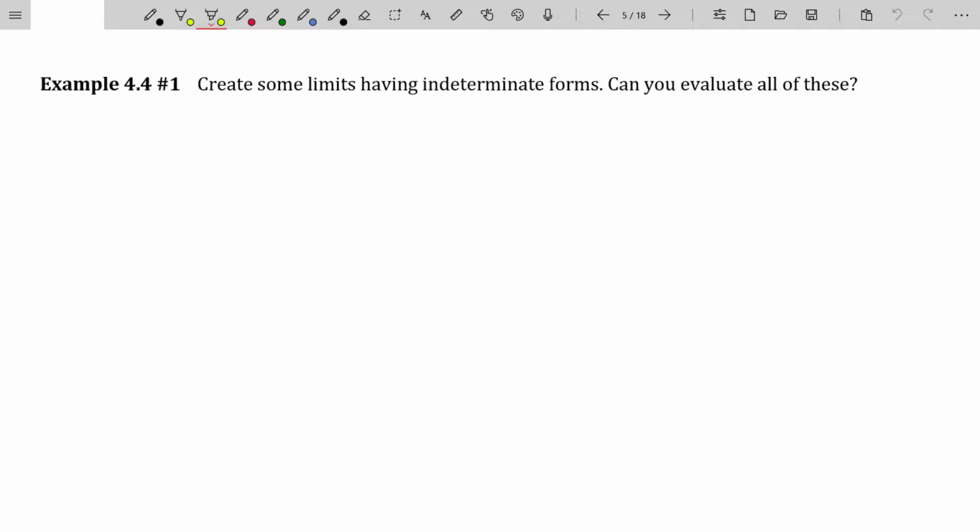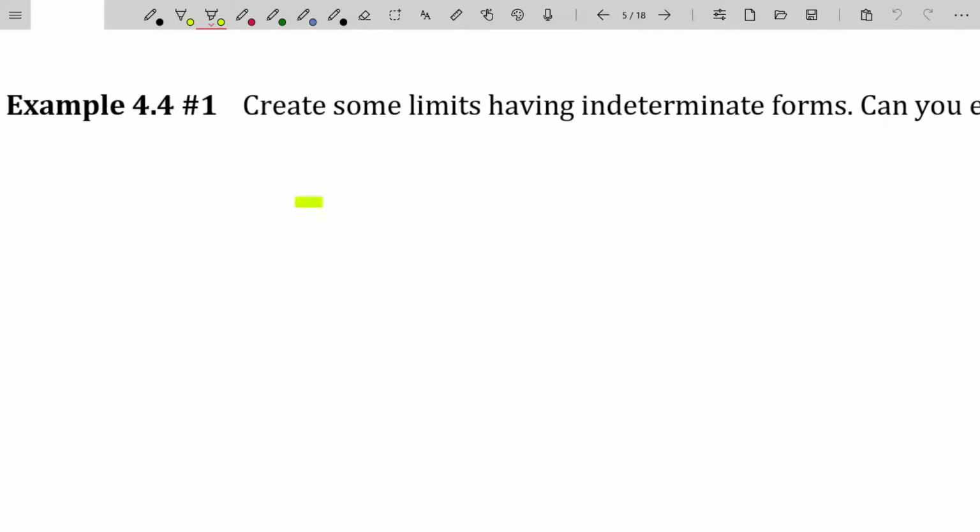Let's see, the forms that we're going to deal with here are, I'm just looking back through. Okay, let's do the 0 over 0 form. So let's create a limit of something that approaches 0 over 0. And by the way, that doesn't mean the limit down here has to be 0. It could be 5, right?